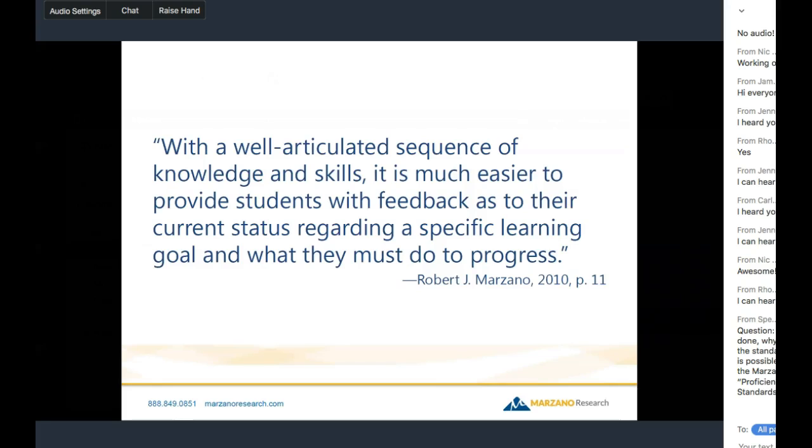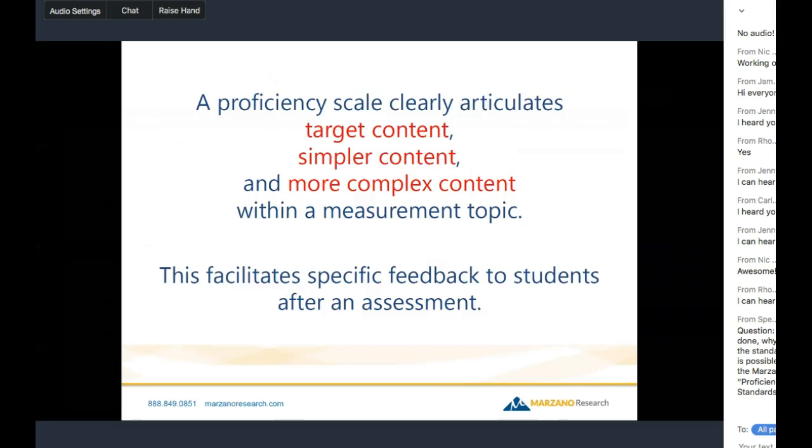With a well-articulated sequence of knowledge and skills, or a proficiency scale, it is much easier to provide students with feedback as to their current status regarding a specific learning goal and what they must do to progress. So, in sum, a proficiency scale clearly articulates target content, simpler content, and more complex content within a measurement topic, and that articulation facilitates specific feedback to students after an assessment.